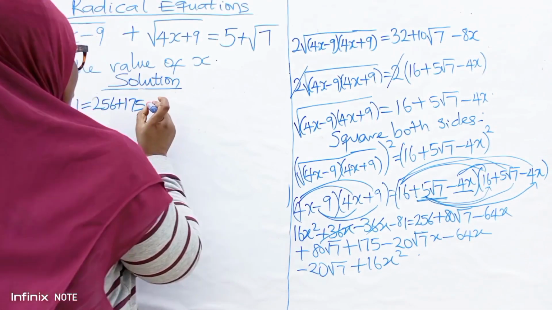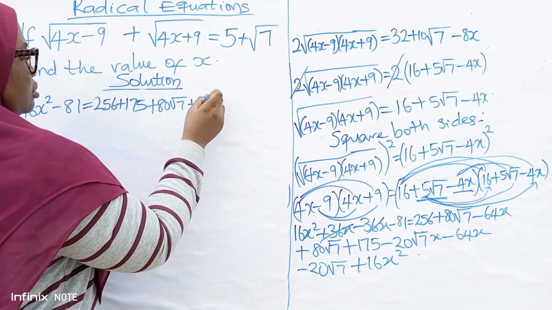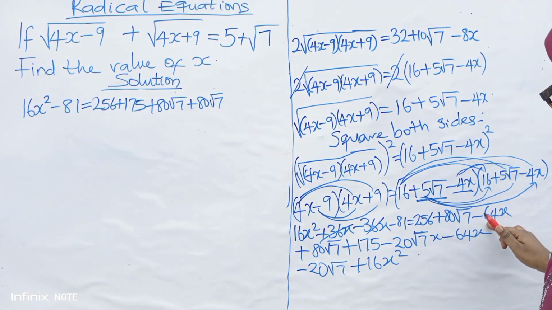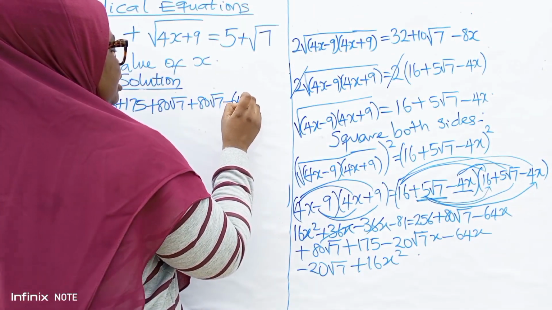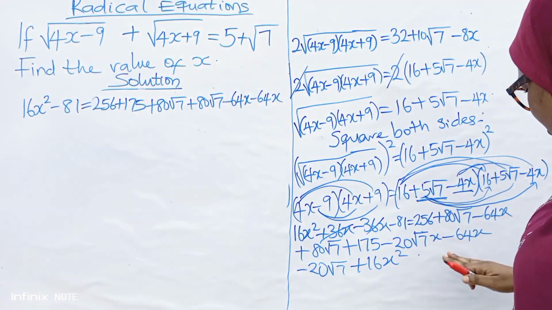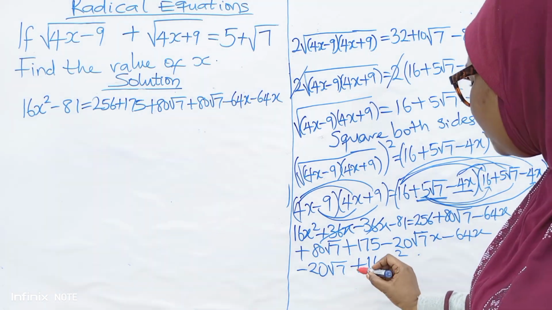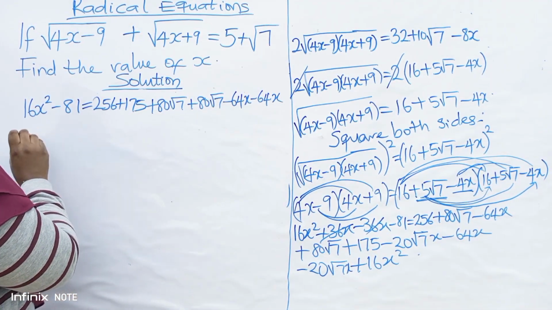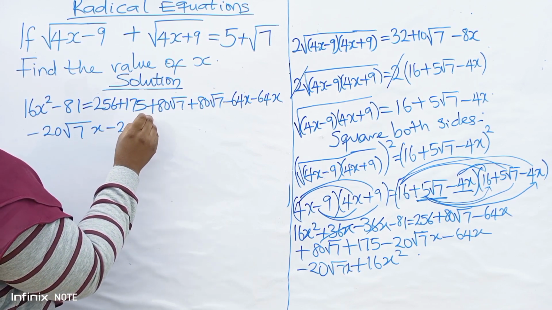I also have minus 64x minus 64x. After that, I have minus 20 root 7x minus 20 root 7x.